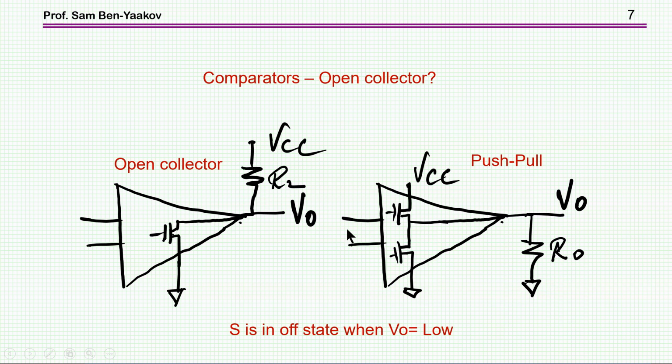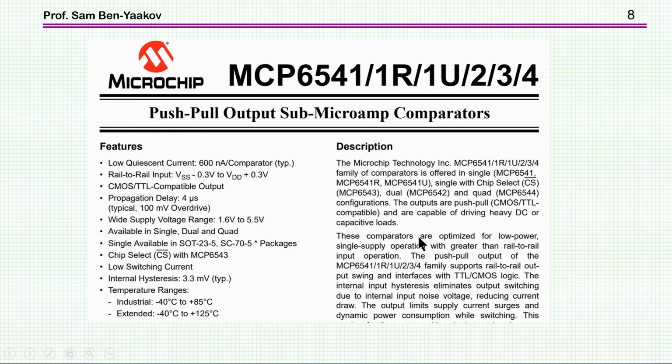That is, the common mode, the input and the output can be anywhere from 0 to the VCC range. This makes life a little bit easier because you are not restricted in the magnitude of the voltages. So here is just one example of a comparator that will do the job.